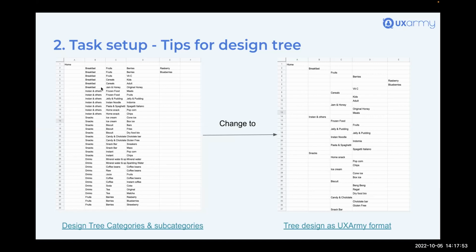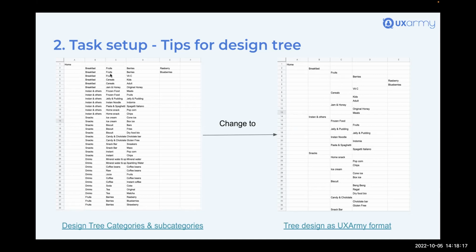For example, this one, breakfast. Breakfast has two subcategories, which are fruit and cereal. So you need to write it this way: breakfast, and then there is a sub-child, fruit, and another sub-child, cereals.